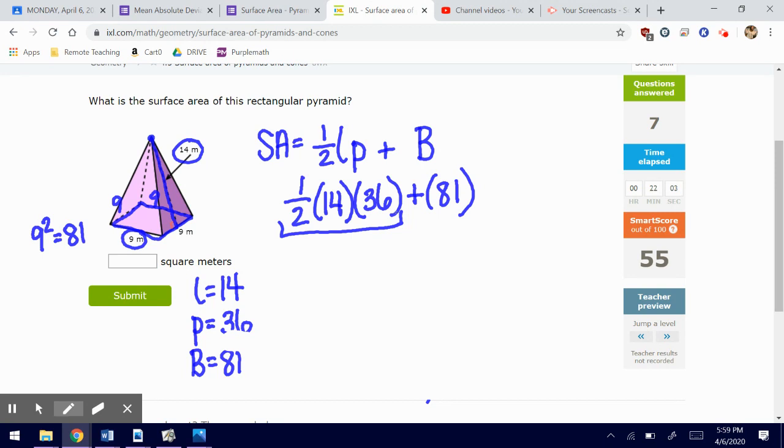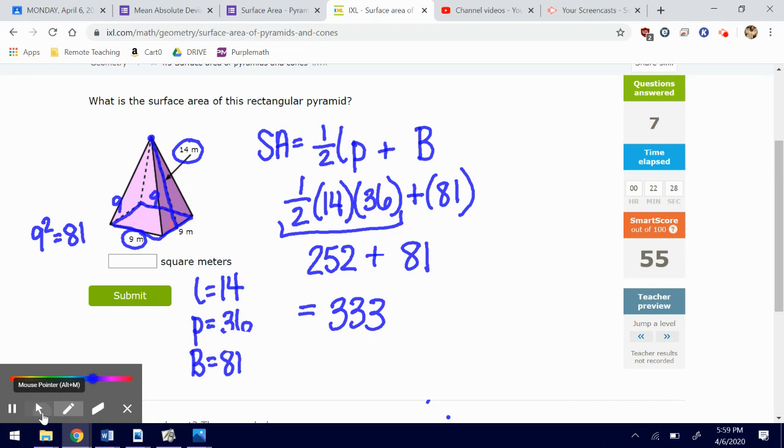So 0.5 times 14 times 36 is 252. Bring down the plus, bring down the 81. If I add 81 and 252 together, I get 333 as my total surface area for this pyramid.